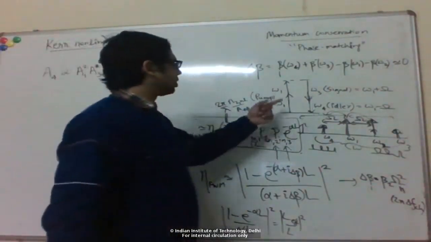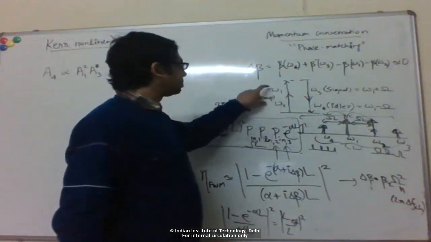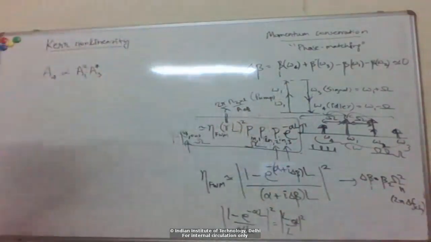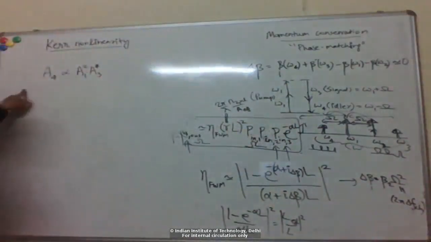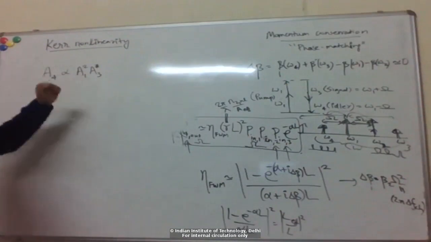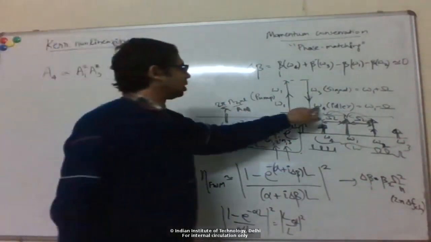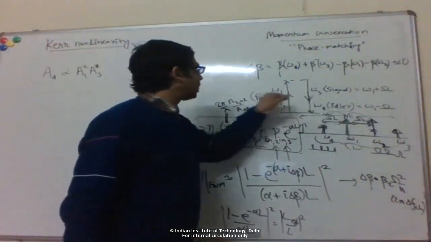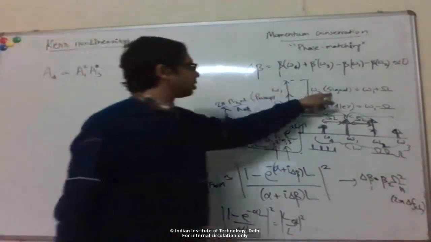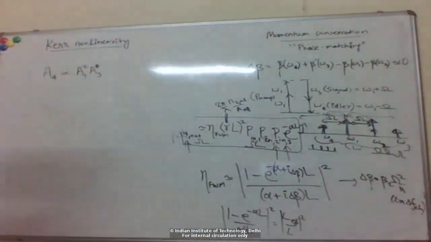You can think of upward arrows as being the signals, and the downward arrows being the conjugates. Again, we won't go into details of where this is coming from, but basically you can write the amplitude of this idler wave like this: the square of the amplitude of the pump wave times the conjugate of the signal amplitude.